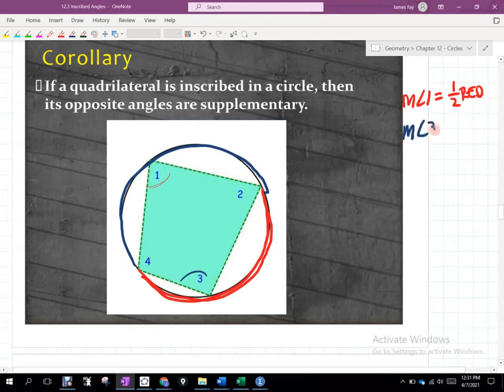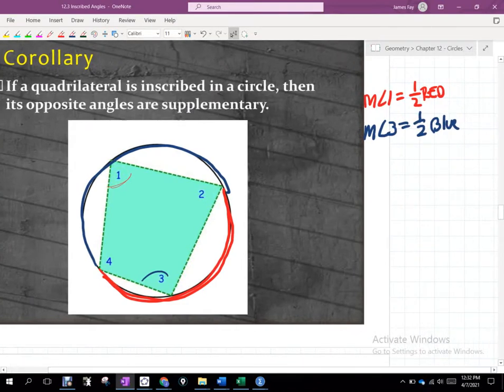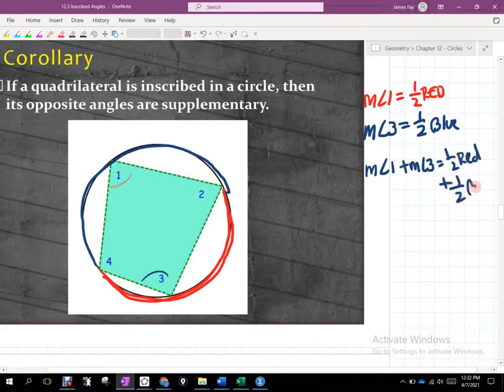So the measure of angle 3 equals 1/2 blue. If I add the measure of angle 1 plus the measure of angle 3, is that 1/2 of red plus 1/2 of blue?